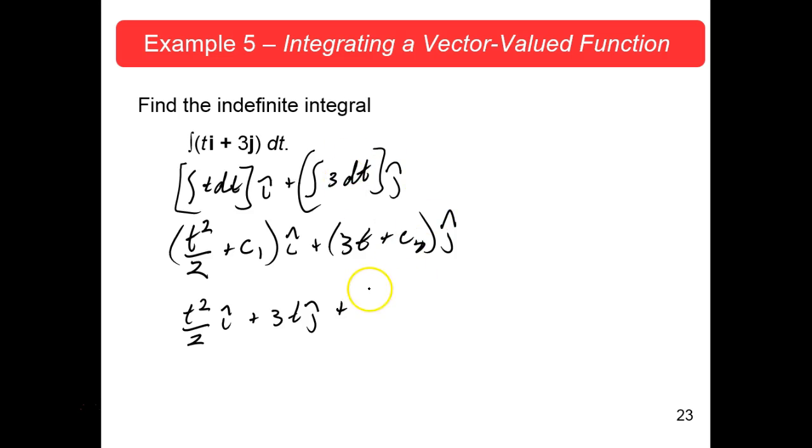You could say C1 i plus C2 j as a constant vector, or just make it plus some vector C, which is that combination. So that's pretty straightforward, right?